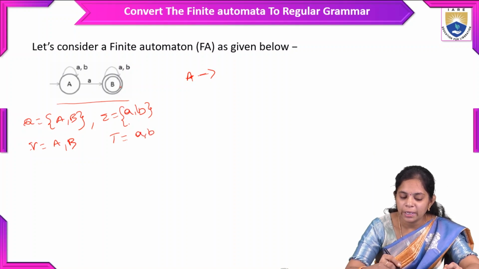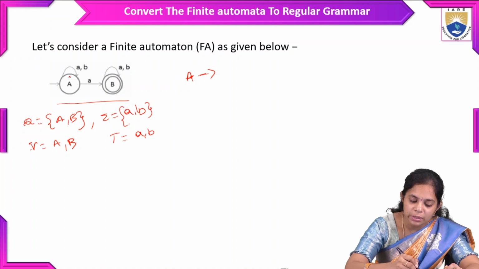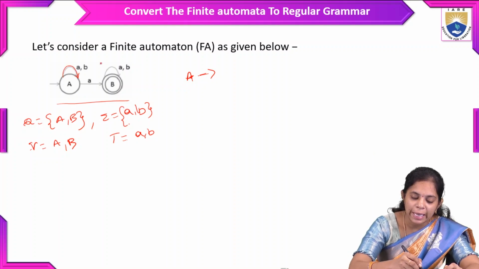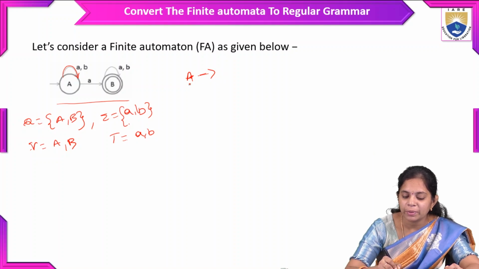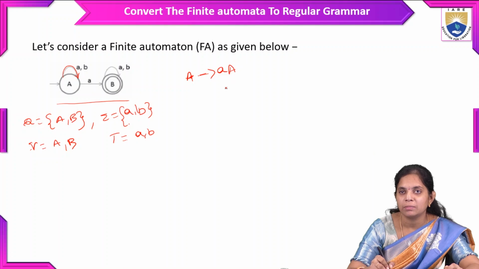Here A has a self loop with input a. What the algorithm says is: from state A, if you give a as an input, it reaches the same state.